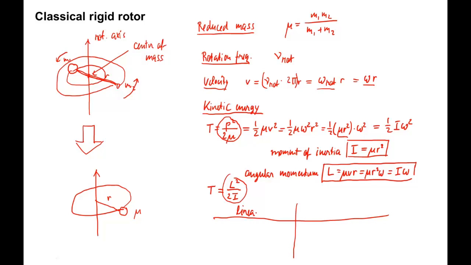Linear motion on the left, and rotational motion on the right. The mass for linear motion, m, is equal to I in rotational motion, which is the moment of inertia.